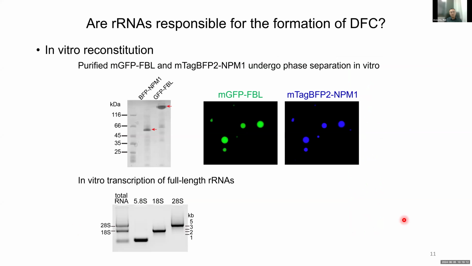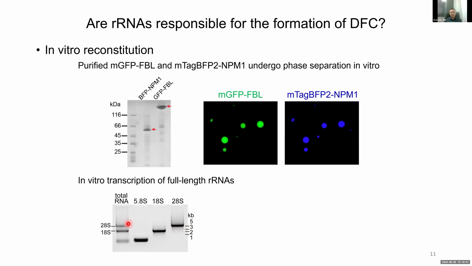But we would like to know, are those ribosome RNAs really responsible for the formation of DFC? Therefore, we employed the in vitro reconstitution experiment. We purified GFP-tagged NPM1 and the mCherry-tagged FBL, which can undergo phase separation in vitro, just as published. Then we also cloned the full-length ribosome RNA genes and did in vitro transcription to synthesize those full-length ribosome RNAs.